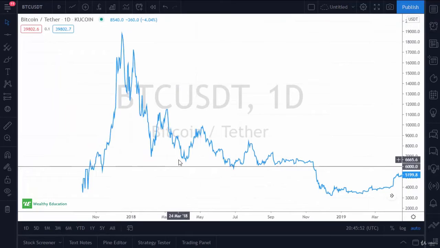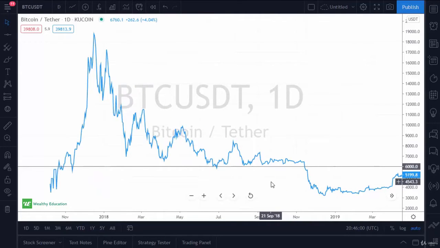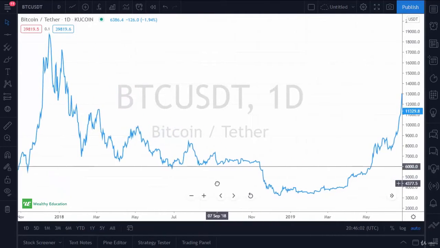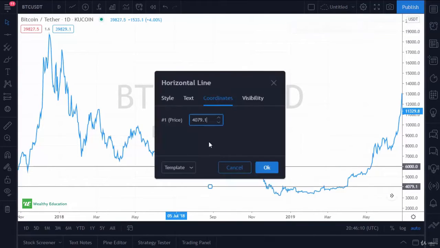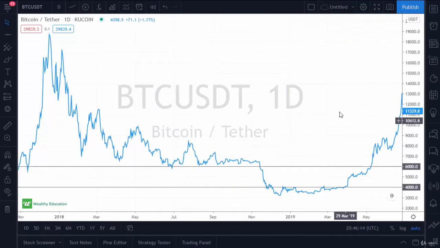And you can see that obviously they were struggling to break it below there. Eventually they did, and things got rather ugly for a while. So Bitcoin struggled to get above there. So let's take a look at 4,000. We'll click on that.